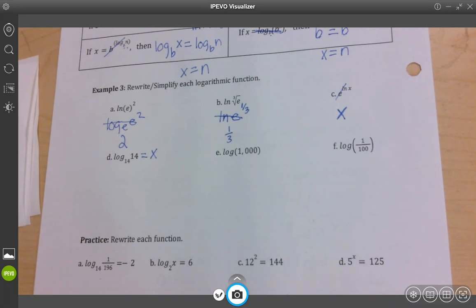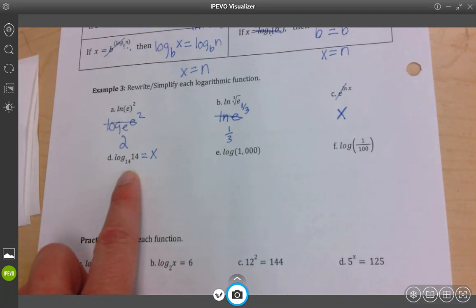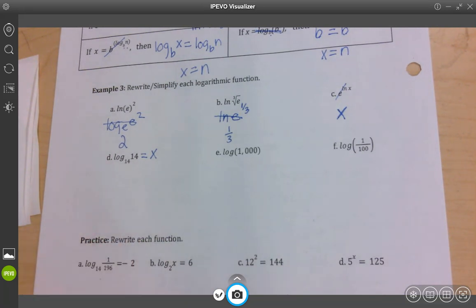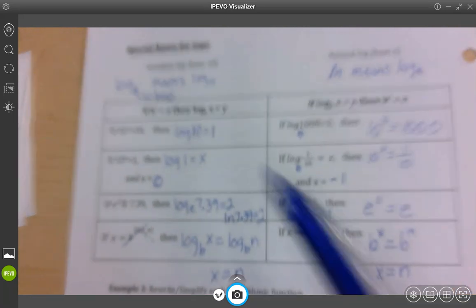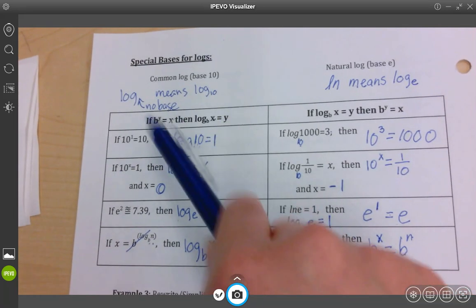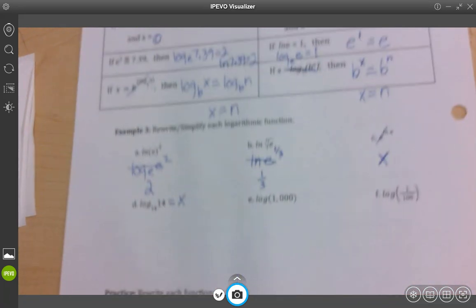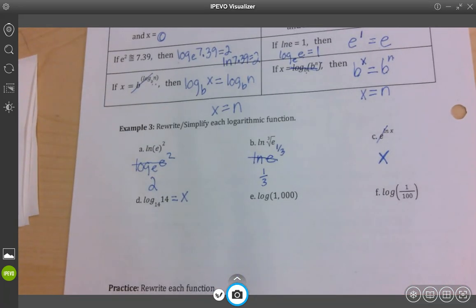Okay. All right, can we rewrite this as an exponential? What's the base going to be? Log base 14, right? So I'm rewriting it now as an exponential. All right, so log base b of x equals y, b to the y equals x. The base of the log becomes the base of the exponential.